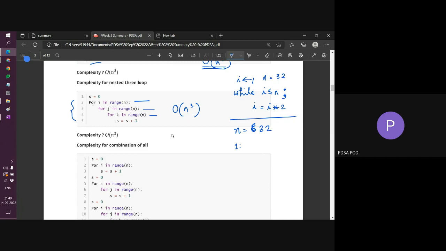In iteration 2, i becomes 2, iteration 3 i becomes 4, iteration 4 i becomes 8, iteration 5 i becomes 16, iteration 6 i becomes 32, and iteration 7 i becomes 64. And that is when it comes out of the while loop, right?